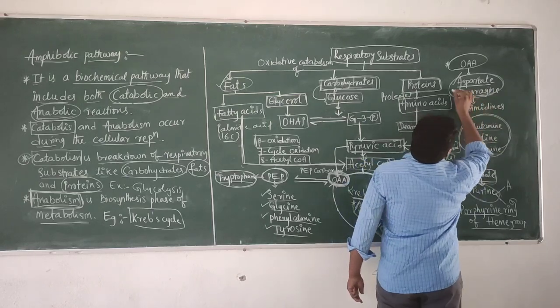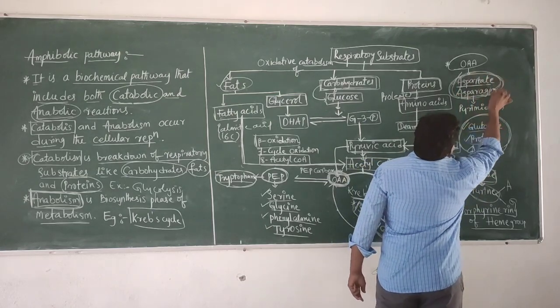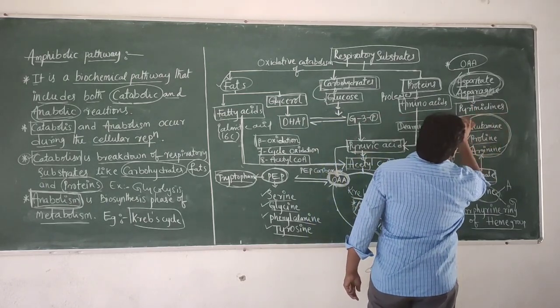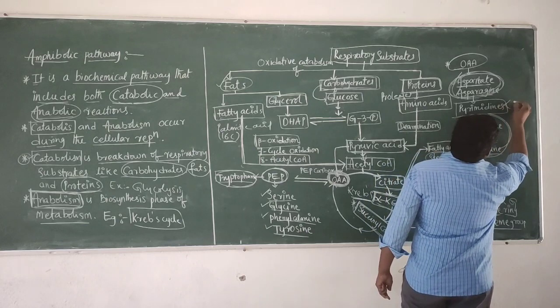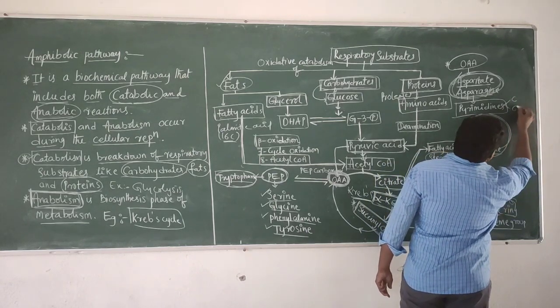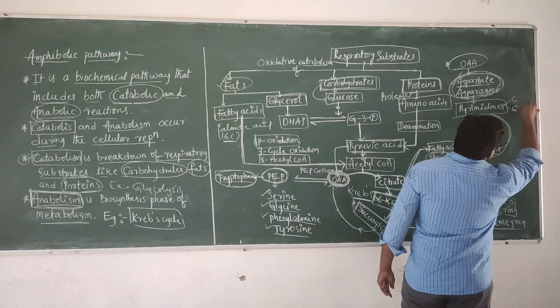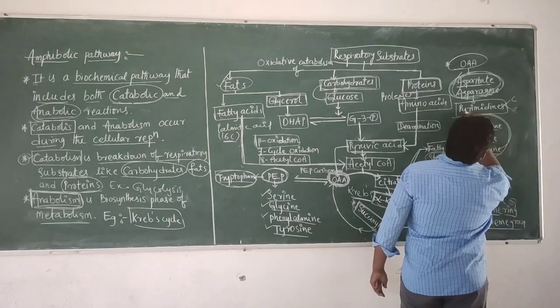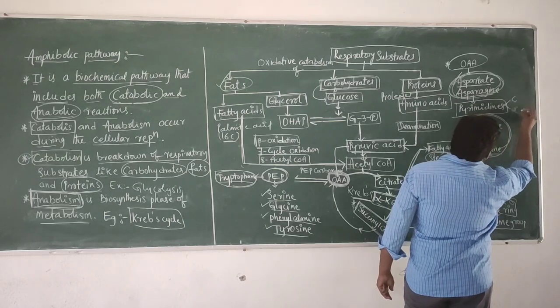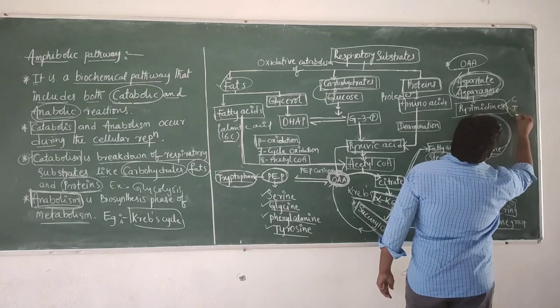These two amino acids are the main precursors for the synthesis of pyrimidines. So what are the pyrimidines? Examples of the pyrimidines are cytosine, thymine, and uracil.